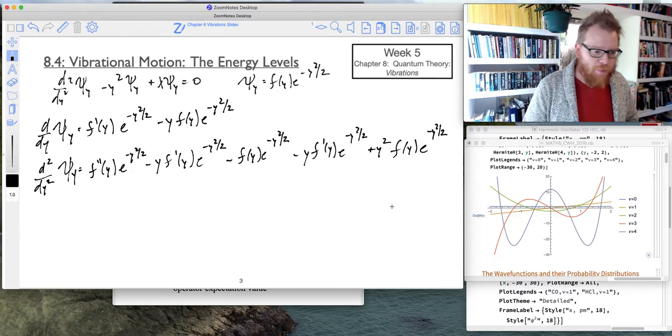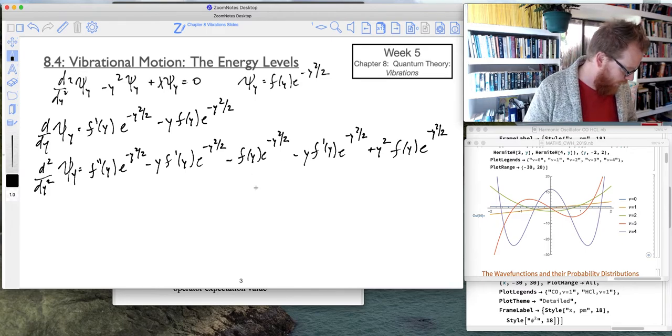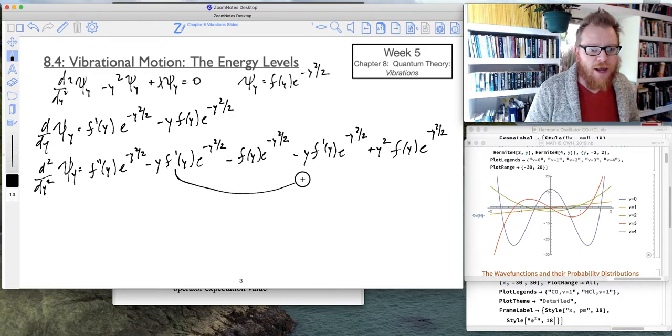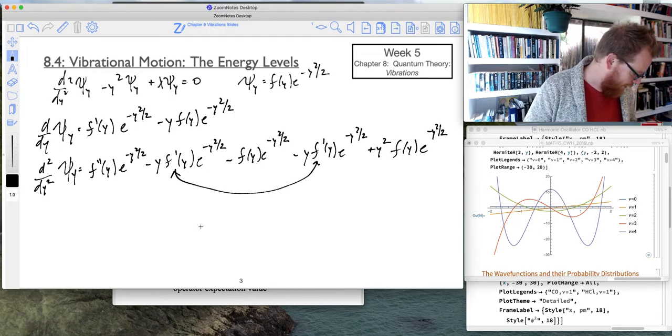And we could inspect this really quick to see if there's anything that I can cancel or combine. So let's do that really quick. So here is, yep, 2 terms that I can combine right there. So that's nice. And then what else can I combine?